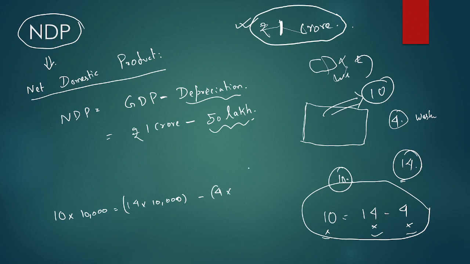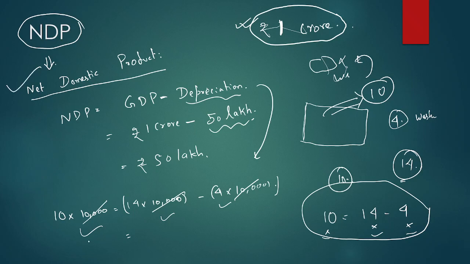So according to this formula, I'm sure you have gathered the essence of what I'm trying to say. So here it is. Okay, so NDP is 50 lakh. So that is the concept of NDP. This is only net domestic product.